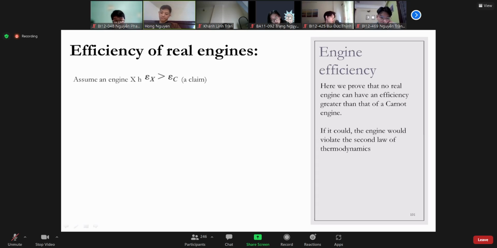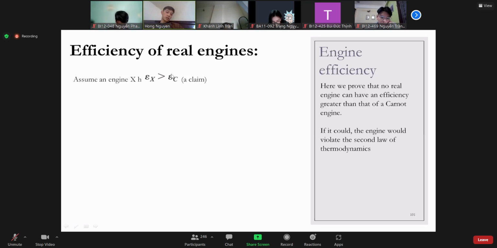Now we consider the efficiency of real engines, any real engines. I said previously that the Carnot engine will have the biggest efficiency. And here we prove that no real engine can have an efficiency greater than the Carnot engine.